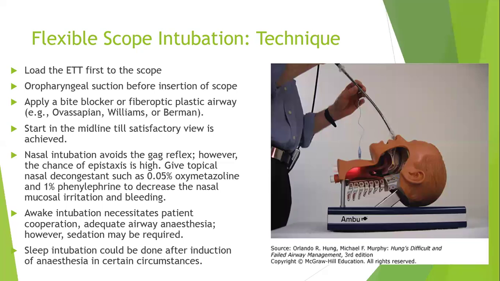However, the chances of epistaxis are high. So if you want to use the nasal route, make sure you give a topical nasal decongestant like your oxymetazoline and 1% phenylephrine to decrease nasal bleeding. Awake intubation can be done with your fiber optic scope, but sometimes you may need to give your patient some degree of sedatives.